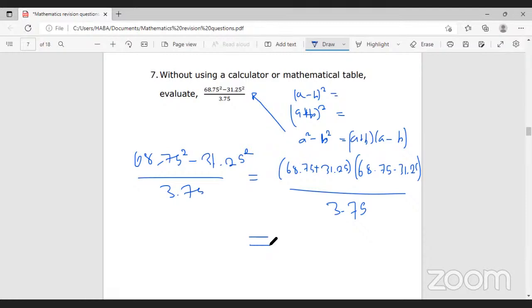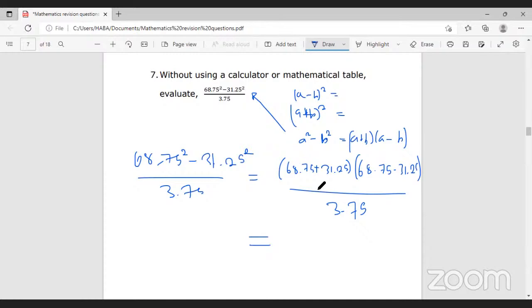So what is 68.75 plus 31.25? But I think even that addition we can do without a calculator, isn't it so? A brief correction. If you're asked not to use calculators or mathematical tables, they mean that with the first step, do not apply it.